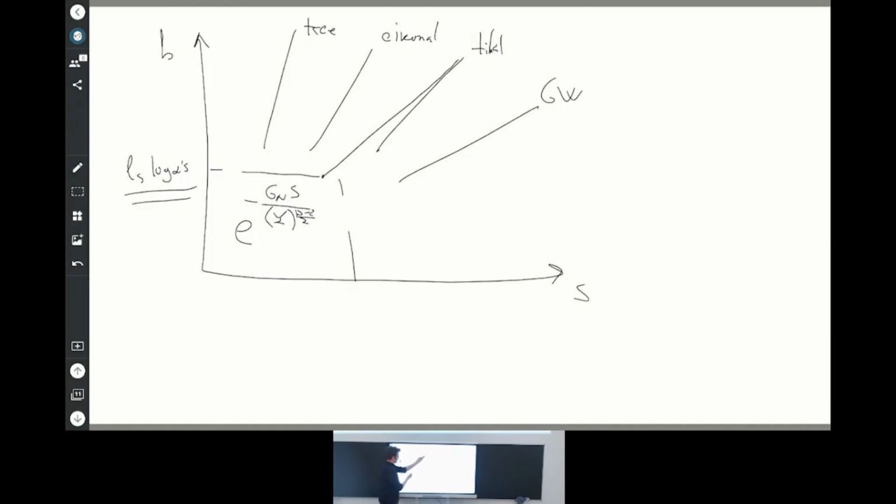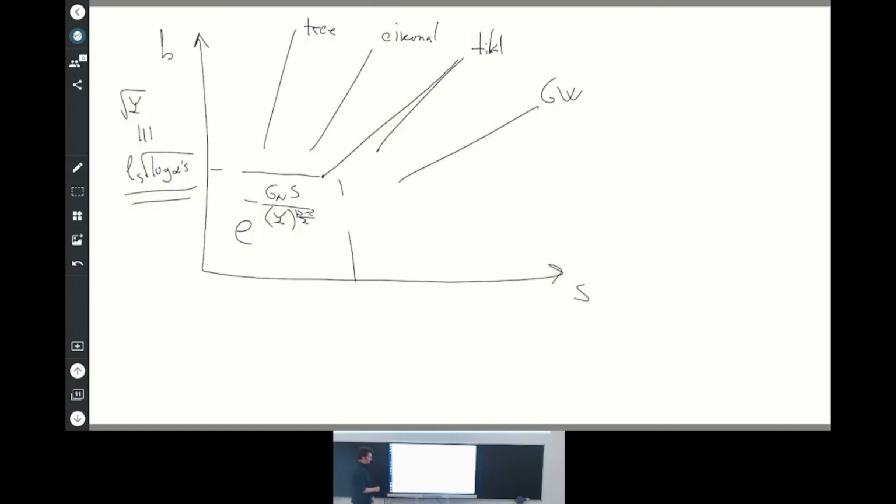If you have these tidal excitations, then when you go to small impact parameters, you have this region where the amplitude is effectively controlled, instead of by the impact parameter, by this scale y, which is related to the transverse spreading of the string.